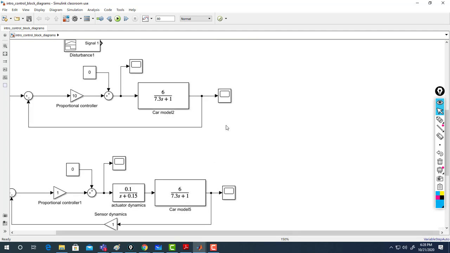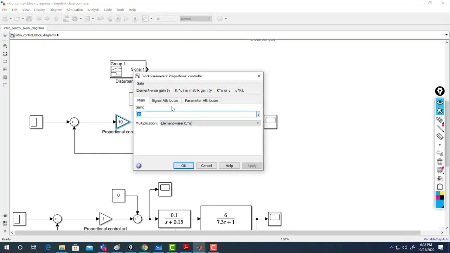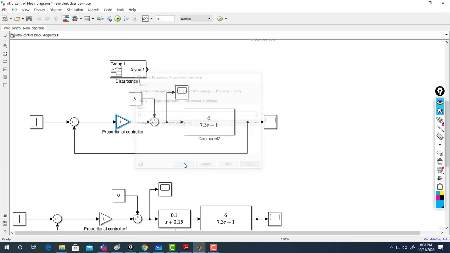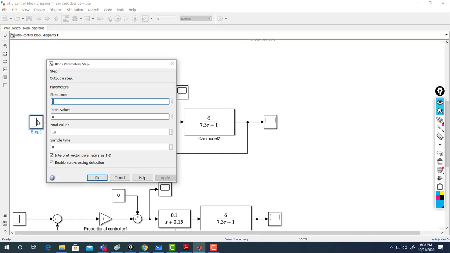Here, all what I did, I have proportional. Let me put proportional first equal 1. So I'm just feeding it with a unity feedback, kp equal 1. And let's look at my output. Remember, at the input I have a final value of 10.